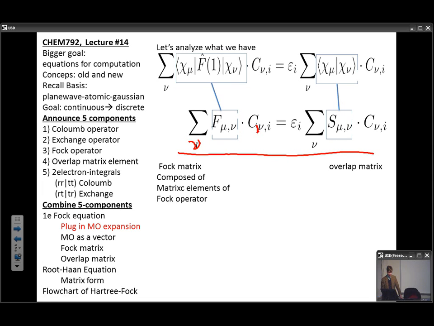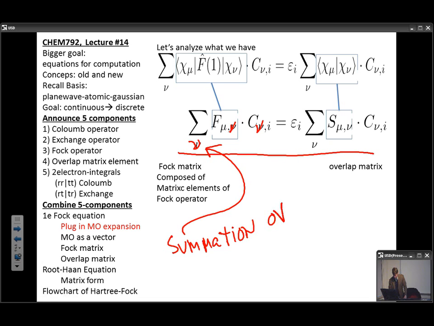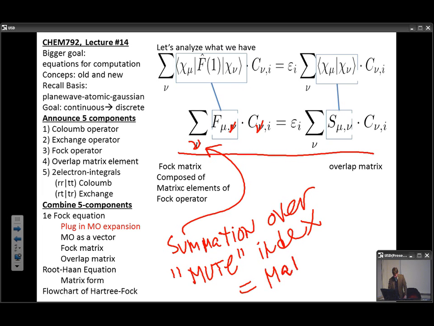And this summation over the mute index here and there does correspond to multiplication of a matrix times a vector.